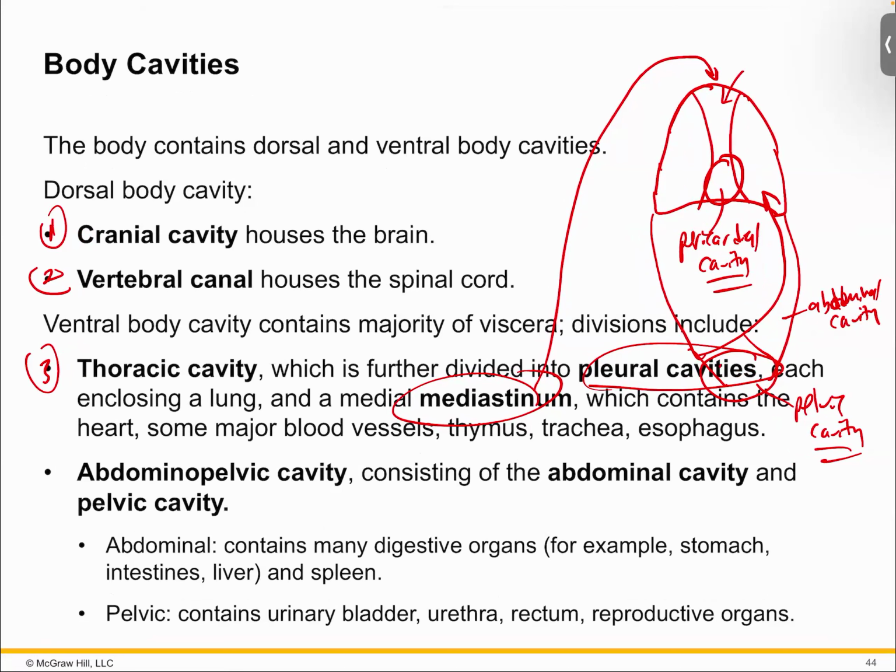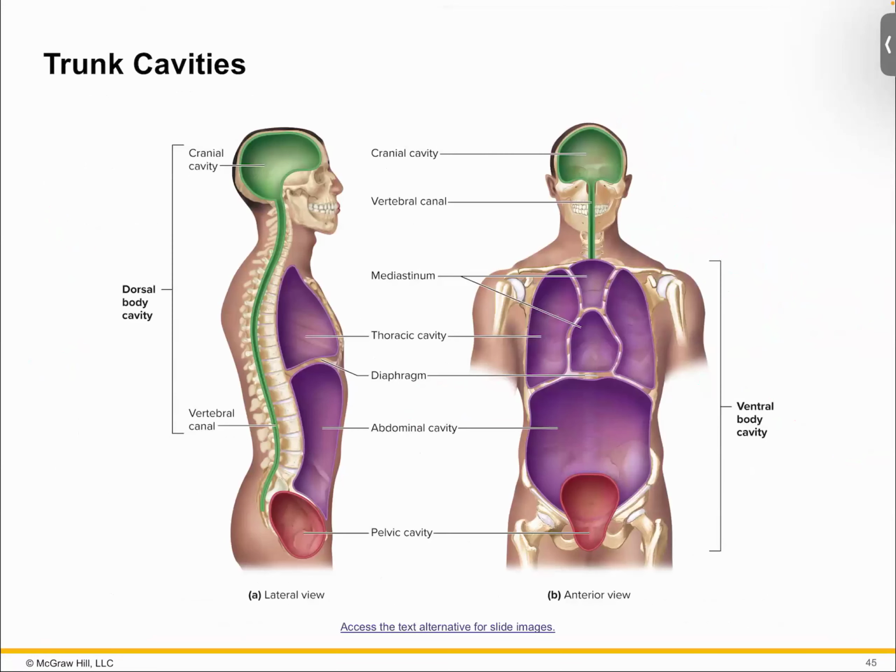Okay. So this is kind of what it looks like. Here's your dorsal. You can see it's on your back, and then of course your ventral, or anterior, will be broken into your thoracic, your abdominal, and your pelvic. This is really good because you can see your mediastinum and your pleural. So here are your pleural cavities.